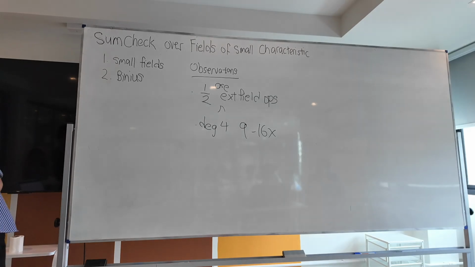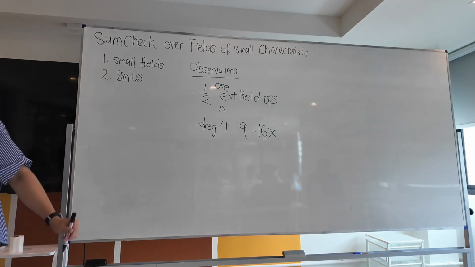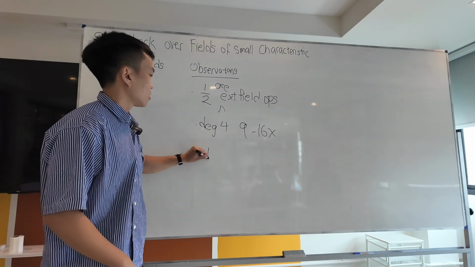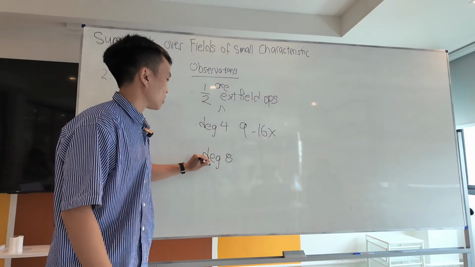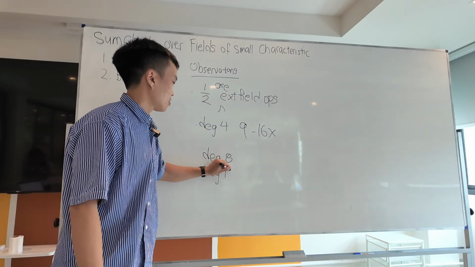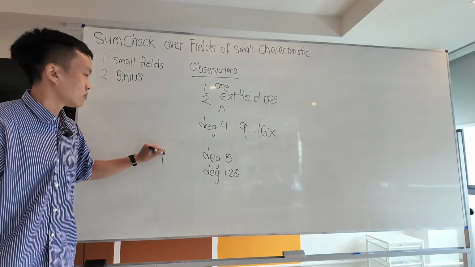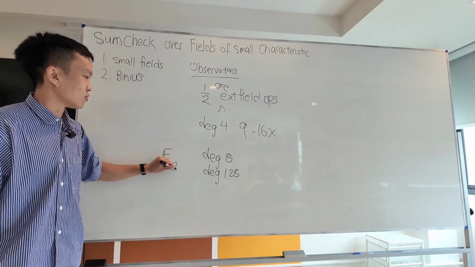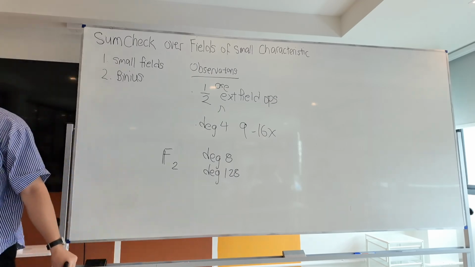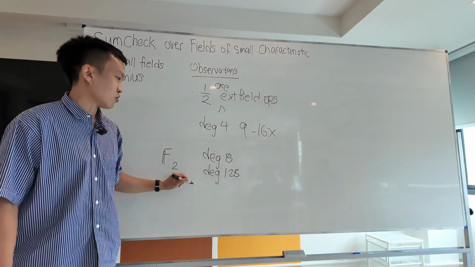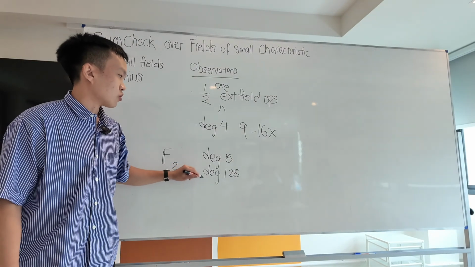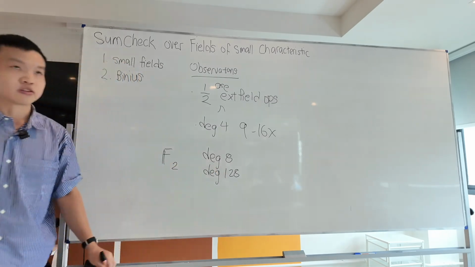And in Binius, at least, what they make most use of is degree 8s and degree 128s, I believe, because they're working over GF(2). And to get enough security, you want to work over, let's say, a degree of 128.